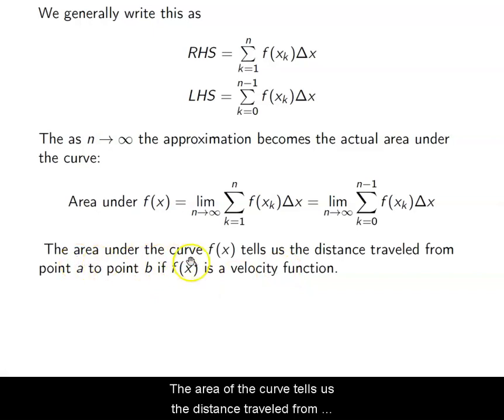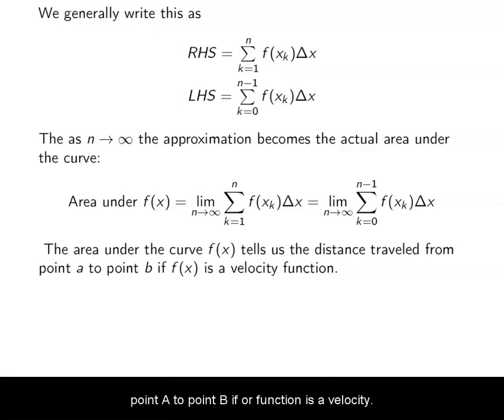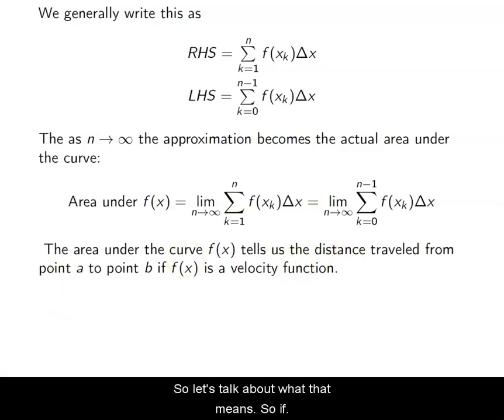Okay, so the area under the curve tells us the distance traveled from point A to point B if our function is a velocity function, right? So let's talk about what that means. If my function is a velocity function and A and B represent different times, let's say that A is time equals 0 and B is time equals 10 minutes.